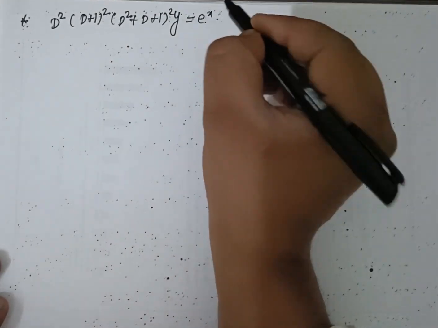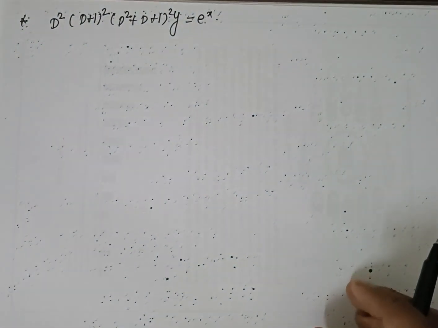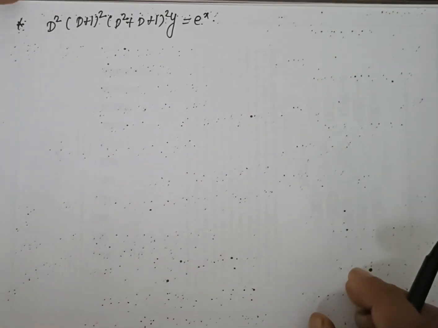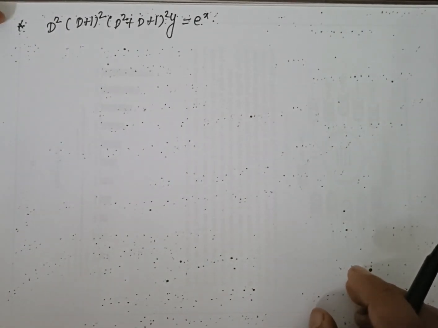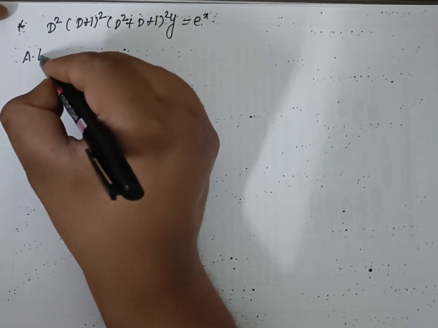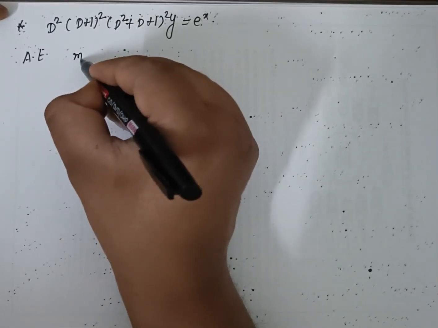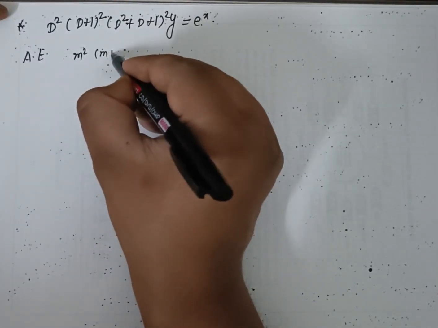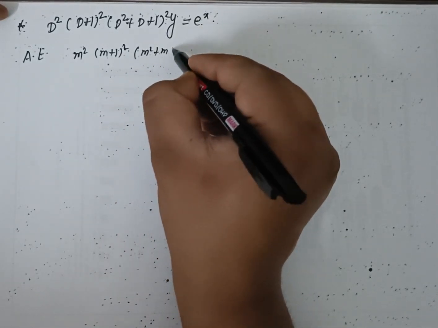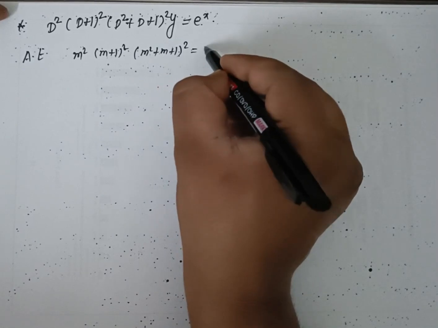Guys, remember, there are infinite number of questions, but the methodology is unique for each and every question, okay. We have the general methodology to solve. So simply first we write the auxiliary equation as m²(m + 1)²(m² + m + 1)² = 0.